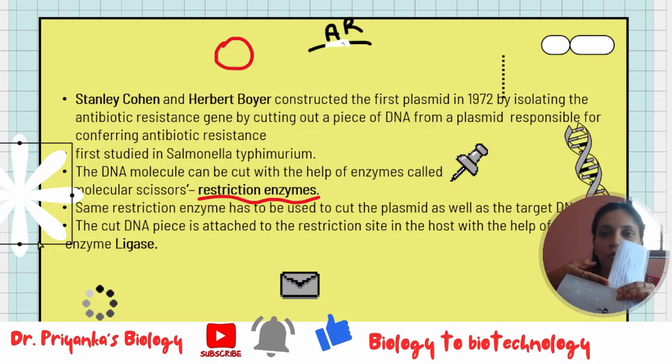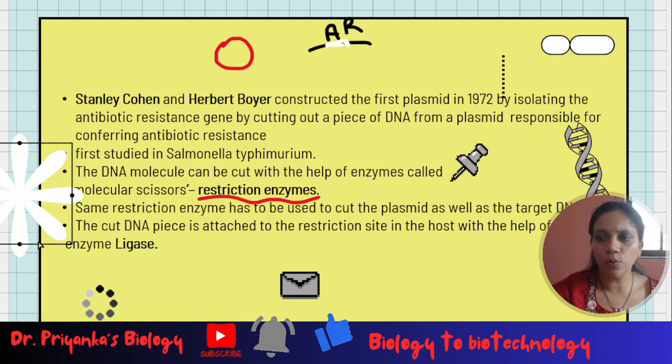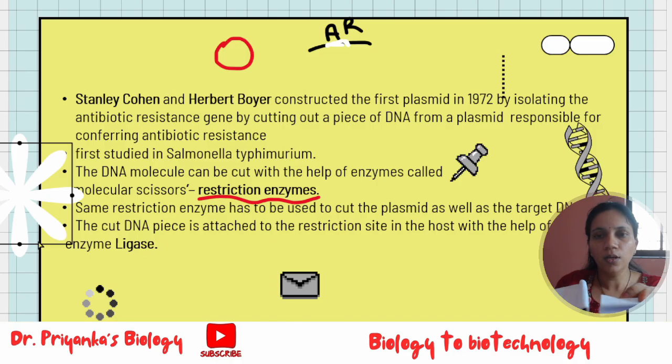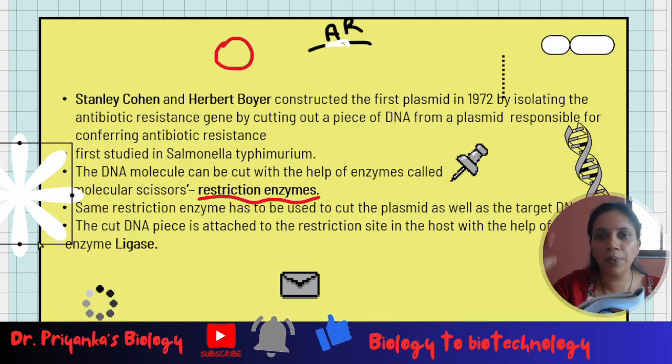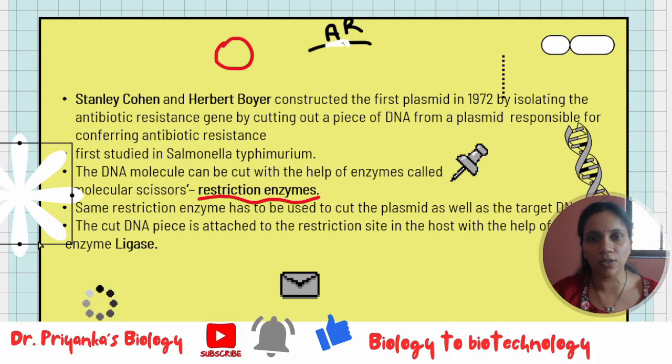So it will be able to cut only the area in this small paper and not the area of this notebook. So there is a difference in the thickness, right? So we will have to use a bigger, thicker, more sharper scissor to cut the book rather than the paper. Paper can be cut with a small scissor.